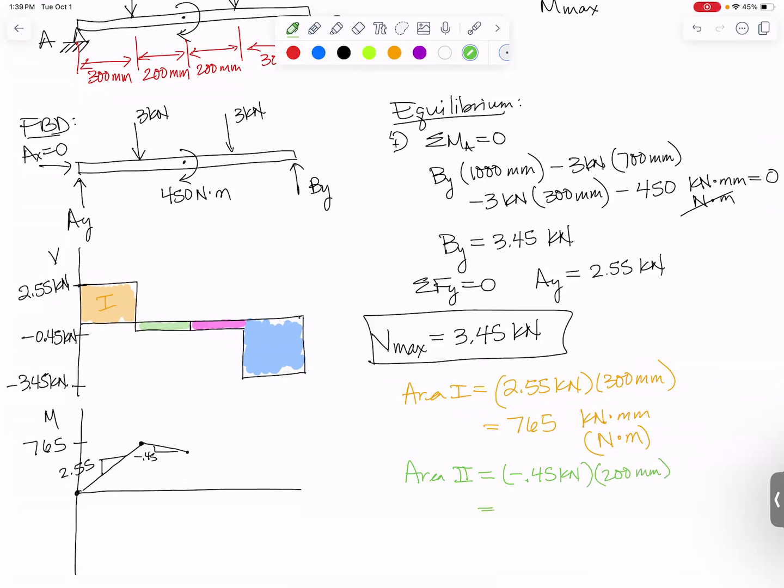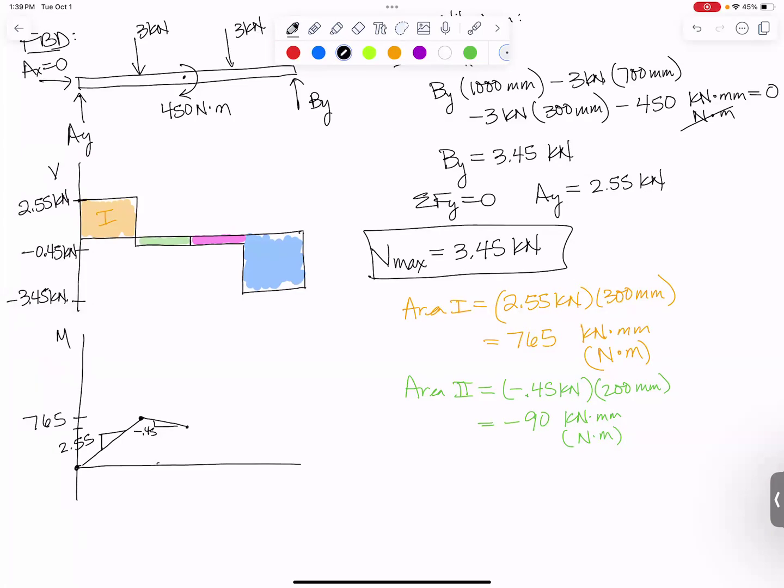I calculated that as minus 90 kilonewton millimeters or newton meters. So we're just dropping 90. So we were at 765. We dropped 90. So now we should be at 675. So our height right here is 675.